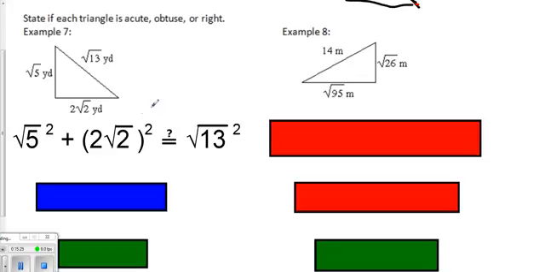Now, I put all of this one in parentheses because it's this whole length that is the side, all of this together. So when we do 2 square roots of 2 squared, what we mean is 2 square roots of 2 times another 2 square roots of 2.